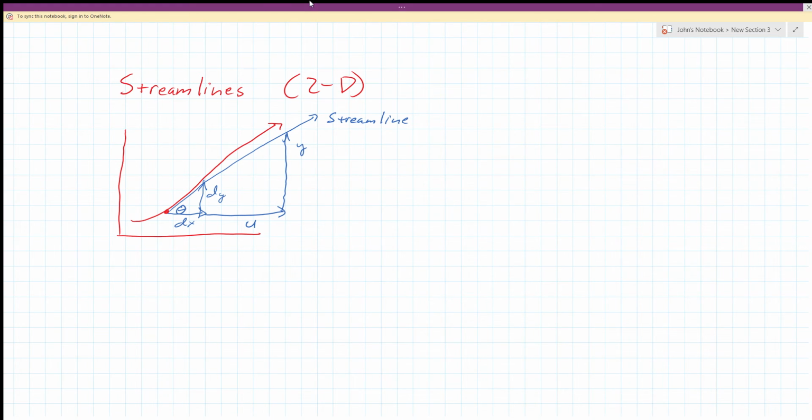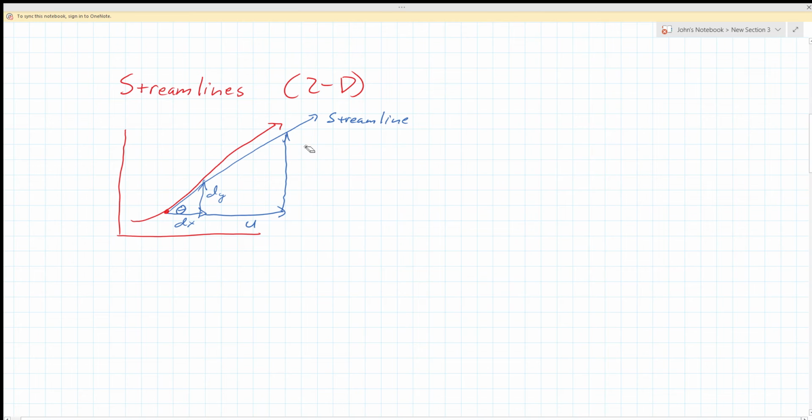Oh, this is supposed to be v, not y. Because this angle, theta, is shared by both triangles, because I'm just doing slope, rise over run. So if this theta is shared by these two triangles, then dy over dx must equal v over u.